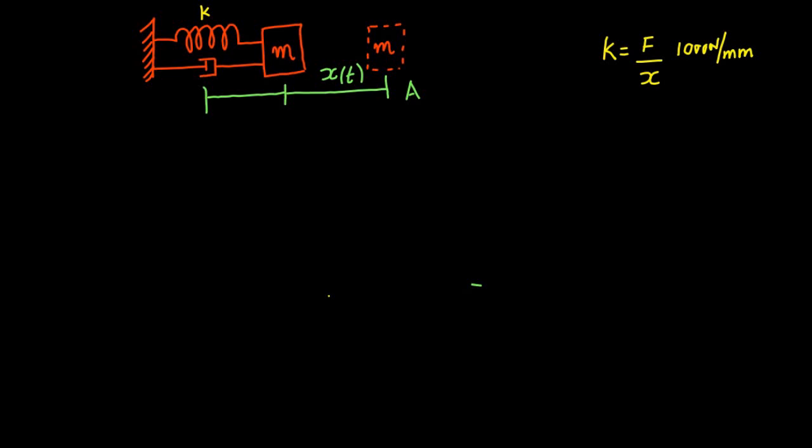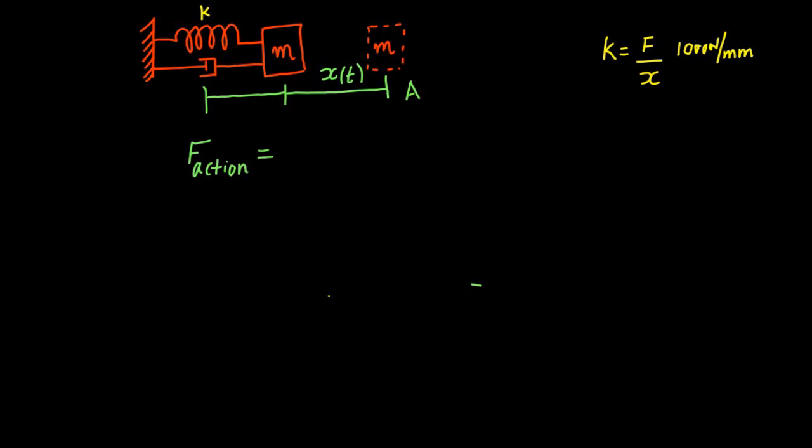Okay. So I'm going to write the action force that actually pulls the mass back to its equilibrium position. So here we go. Let me write the expression for the action force, the force that pulls the mass back to its equilibrium position. That is the action force, and that is the spring that is pulling the mass.